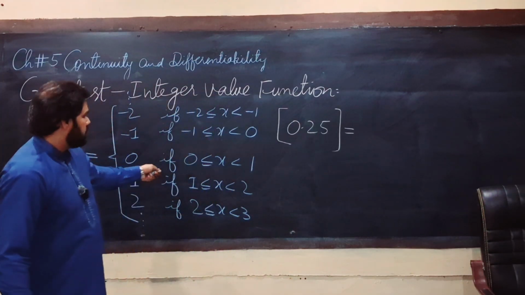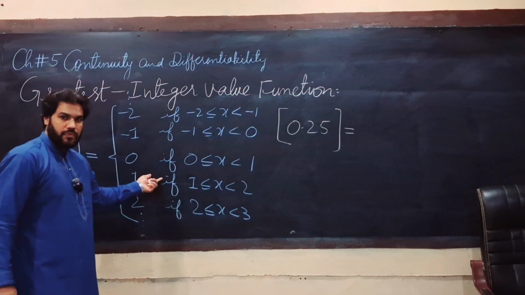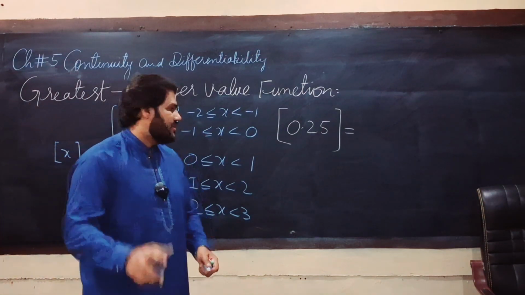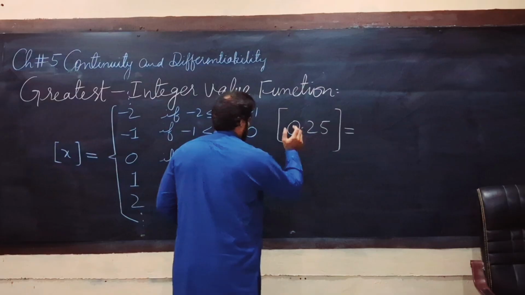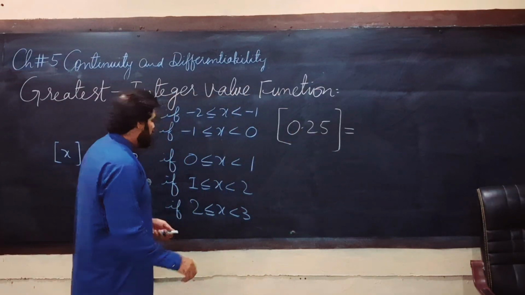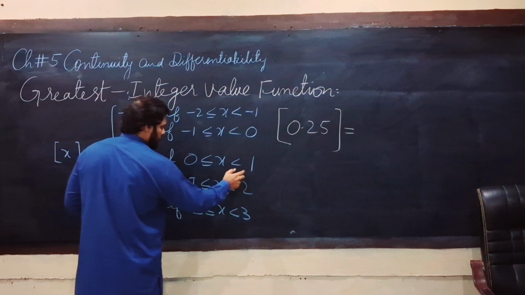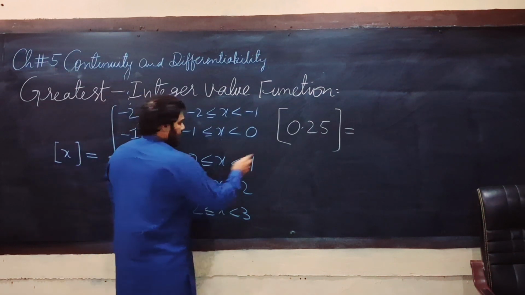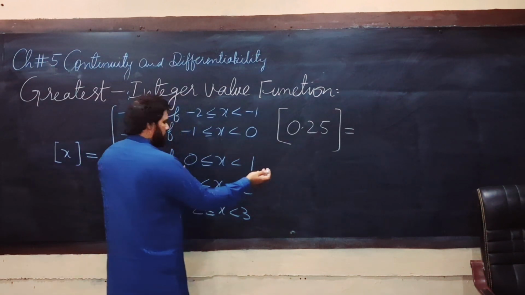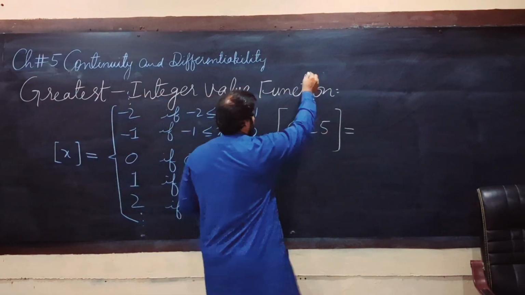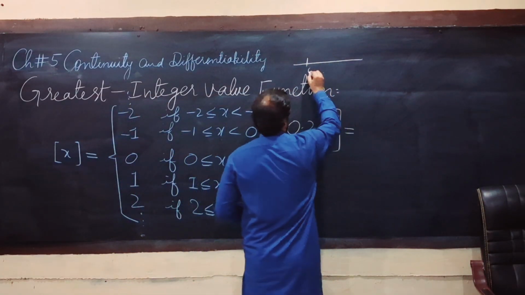Firstly, you can use the definition of this function. You have to check in which part this number 0.25 lies. As 0.25 lies in this part where x is 0 to 1. Clearly, your x lies between 0 to 1.